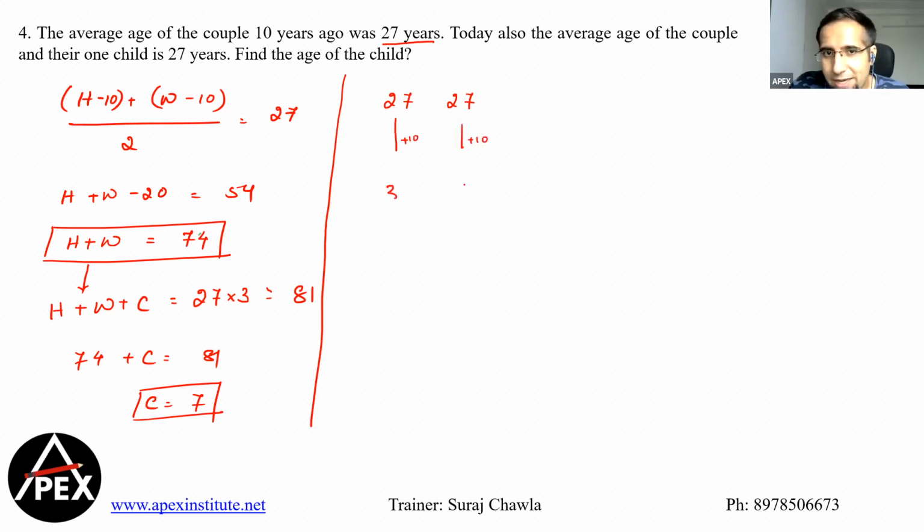So presently, this is 37. 37 plus 37, I know the present sum total of husband plus wife is equal to 74 without any calculations.